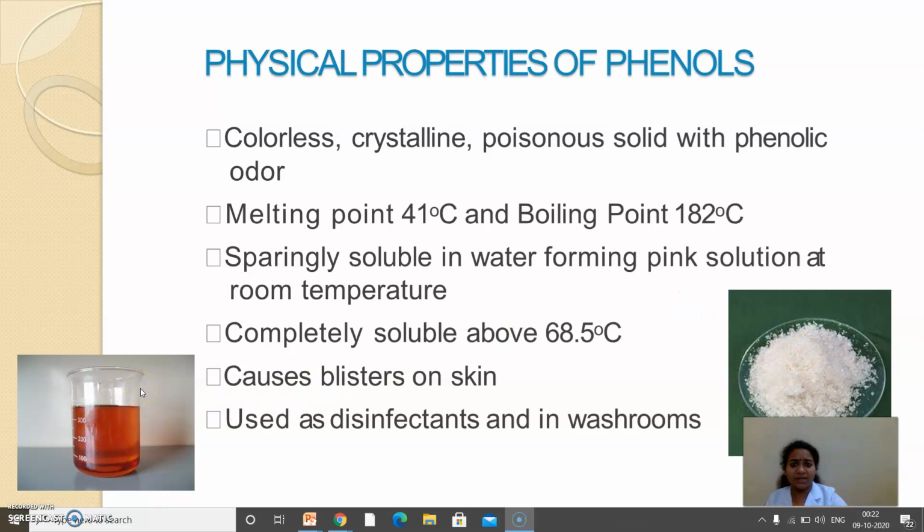At room temperature it will show this color, and after 68.5 degrees centigrade it is soluble in water. It causes blisters on skin, and it is used as a disinfectant in washrooms. So let's check the physical properties in detail.